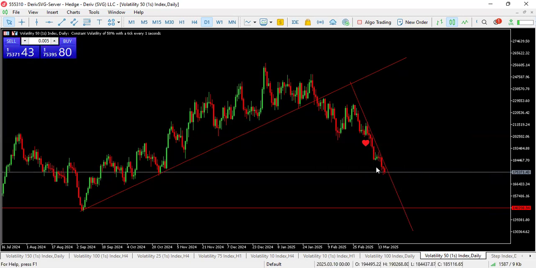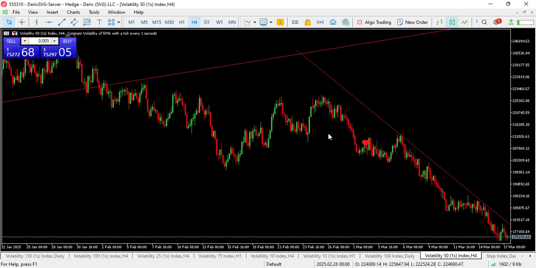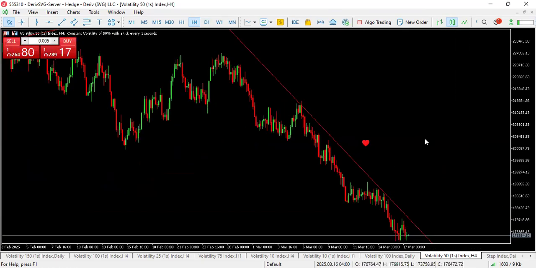You want to draw a trend line with the daily time frame and then bring it down to 4 hours. Like this is the 4 hours time frame trend line. You want to draw this kind of trend line and let it come back to your trend line. Then let it break out and retest from your counter trend line for an entry to happen.